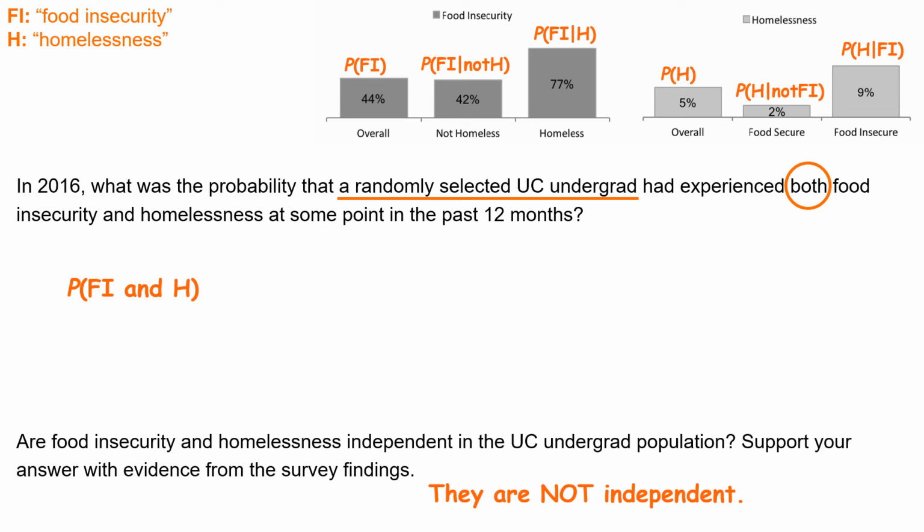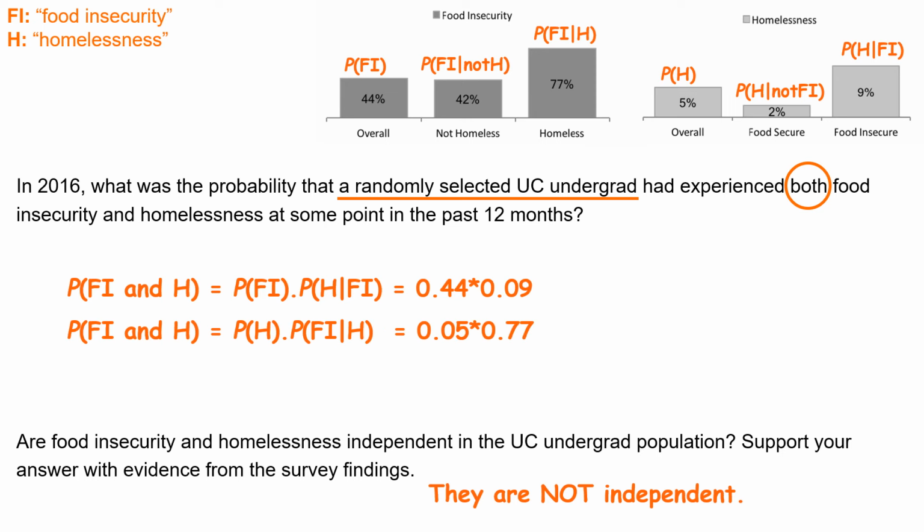And so we can calculate this either by saying that overall, 44% of students had experienced food insecurity, and 9% of those had also experienced homelessness. So 0.44 times 0.09. Or we could also say that overall, 5% of students had experienced homelessness, and 77% of them had also experienced food insecurity.